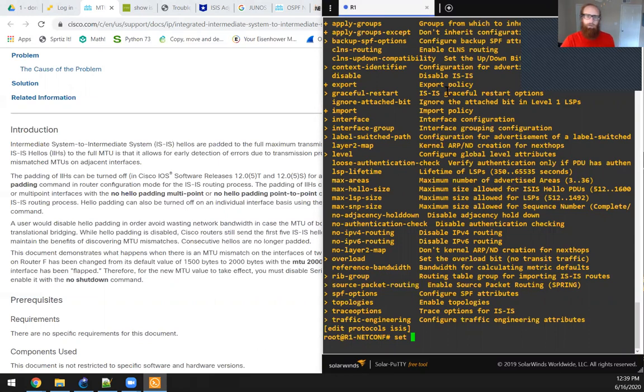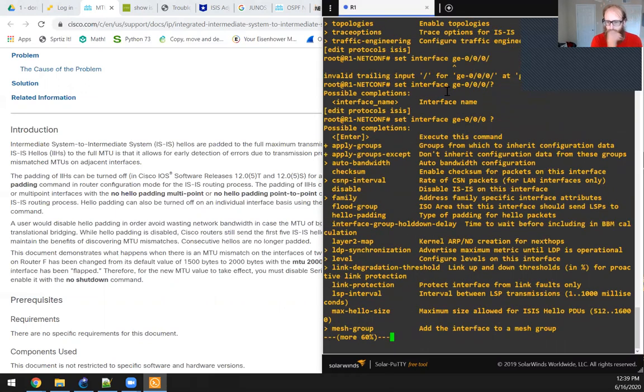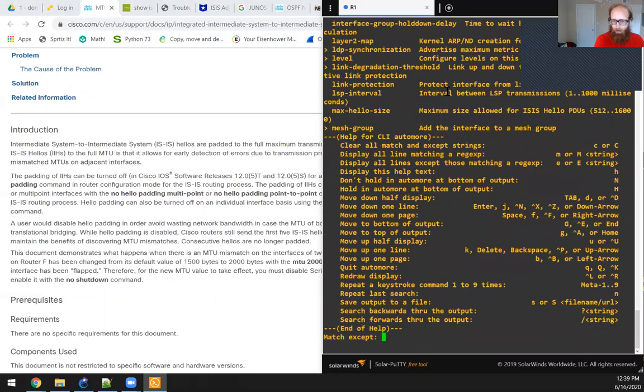All right, well, let's see if there's any specific options under the interface hierarchy. Aha, hello padding.